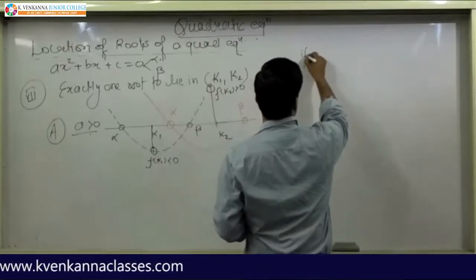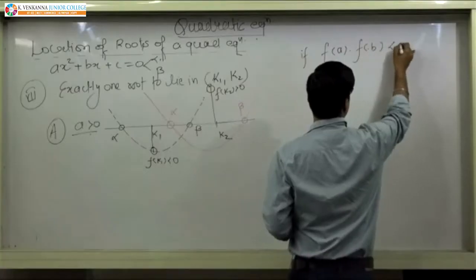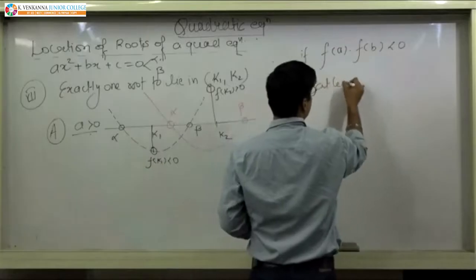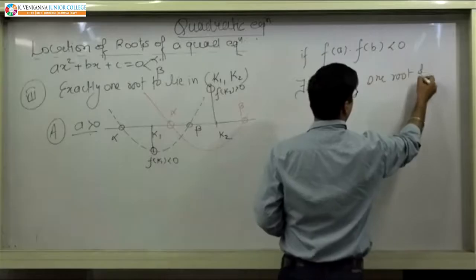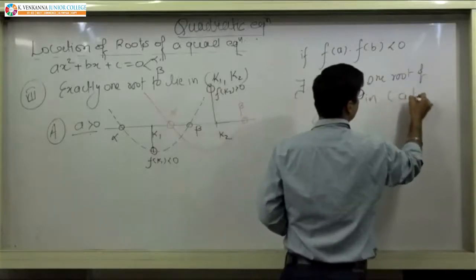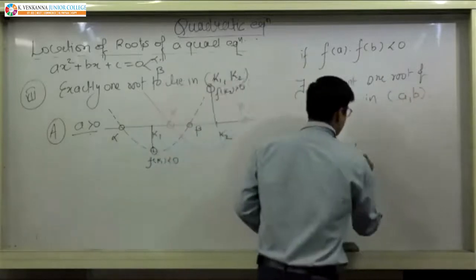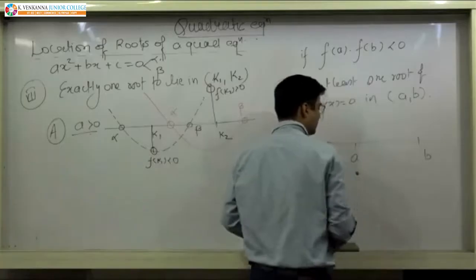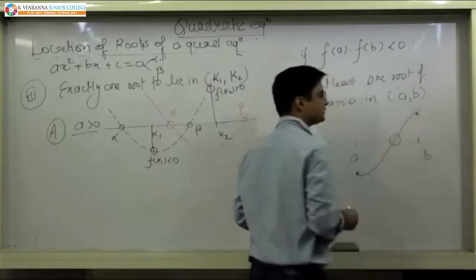If f of a into f of b is lesser than 0, then there exists at least one root of f of x equals 0 in interval a comma b. Do we remember this? This is your a and this is your b. Let's say if f of a is negative, then f of b is positive. So it will intersect the x-axis here.